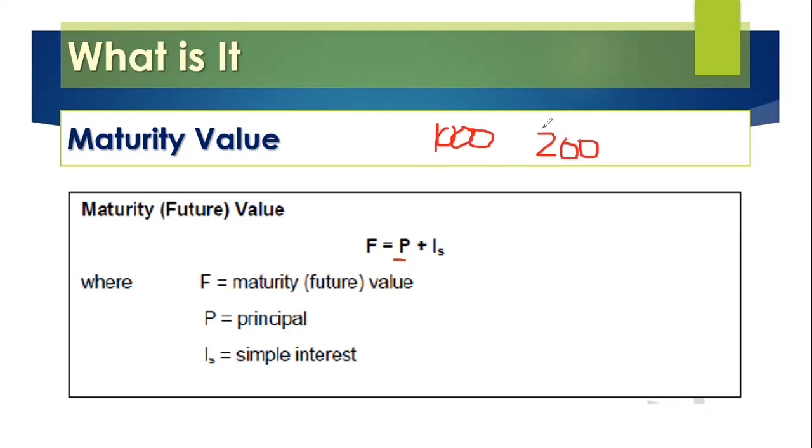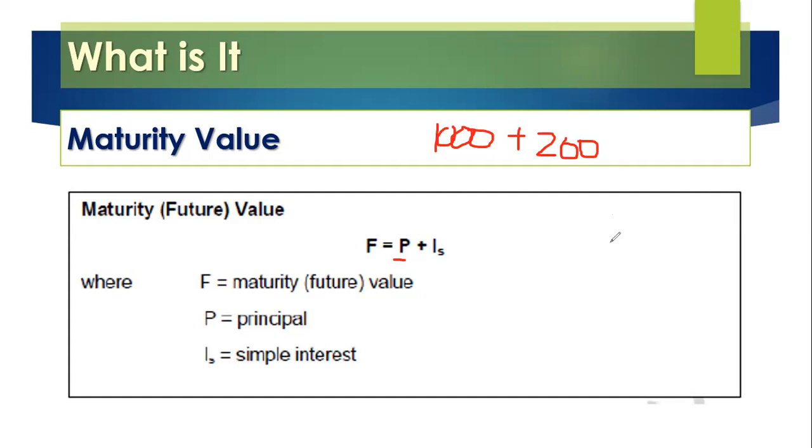Okay, so yun yung interest. So, i-add lang yan para malaman ko yung maturity value or yung babayaran mo na. Or kapag nag-invest ka sa bangko, yun yung kikitain or kabuuan ng pera mo after ilang taon.